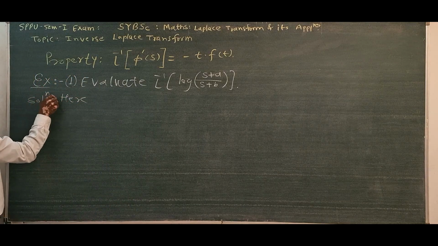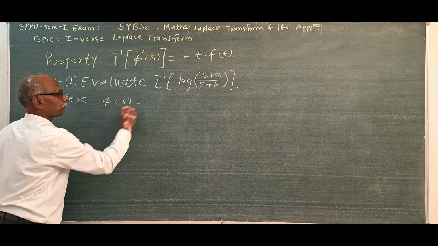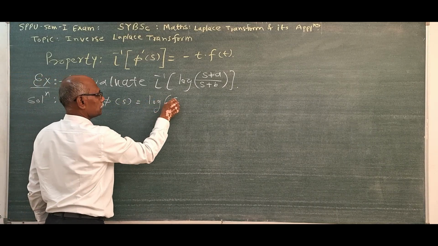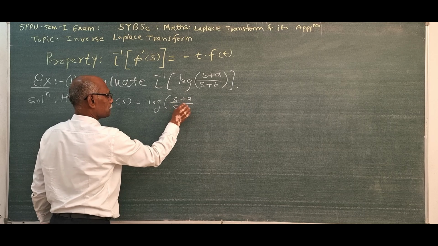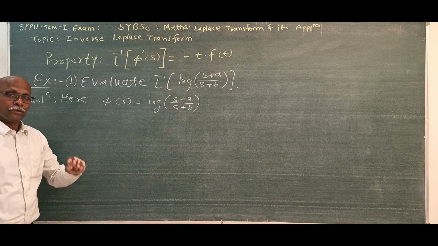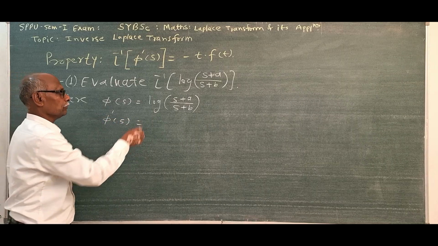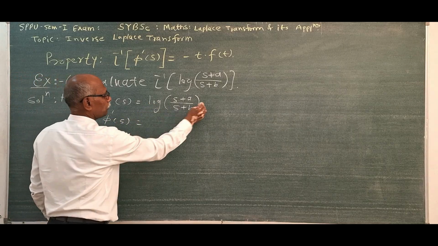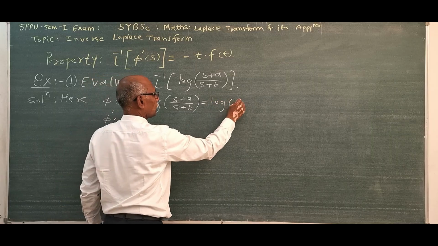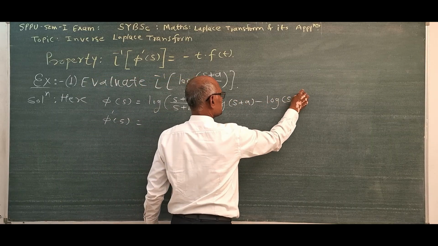Solution: phi of s is equal to log of (s plus a) divided by (s plus b). To remove log, we differentiate this. So phi dash of s means the derivative of log. Before that, we simplify this: log of (s plus a) minus log of (s plus b).